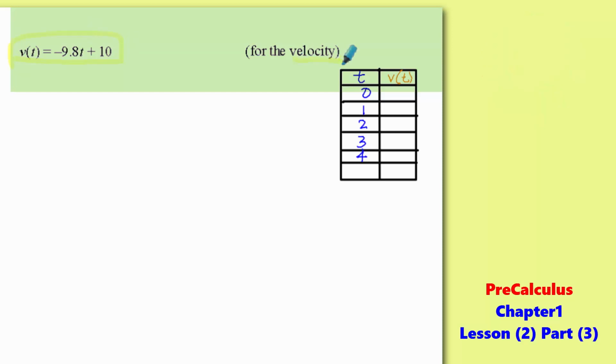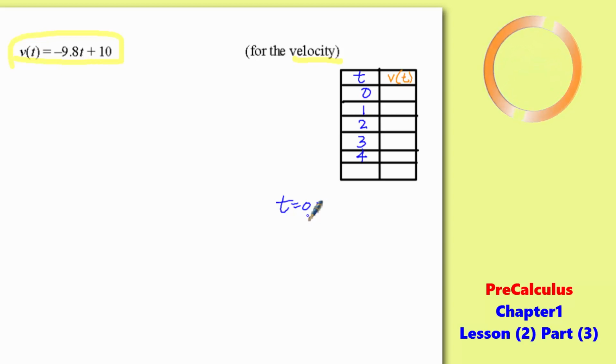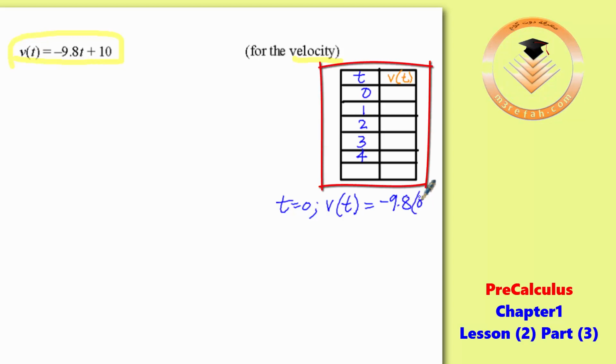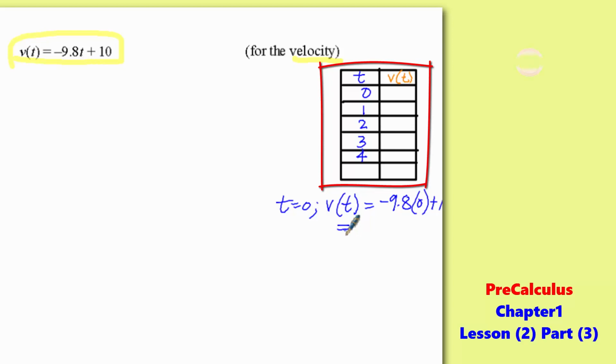If t is equal to 0, then v of t is equal to negative 9.8 times 0 plus 10. So v of t would be equal to 0 plus 10, that's equal to 10.